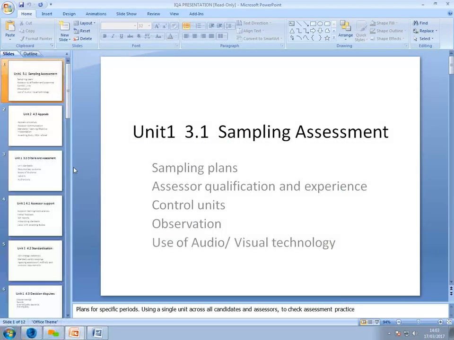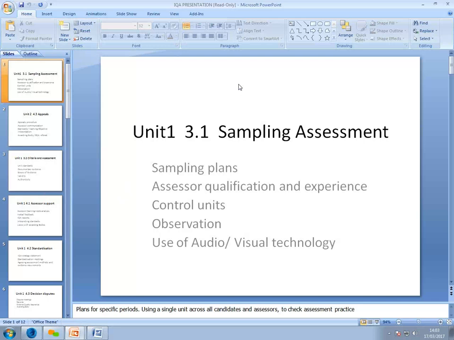Going on from 3.1, where we were up to, we now have sampling plans, assessor qualification and experience, control units, observation, and the use of audio-visual technology. A lot of the time, a plan has got to be made that you're going to sample the units.